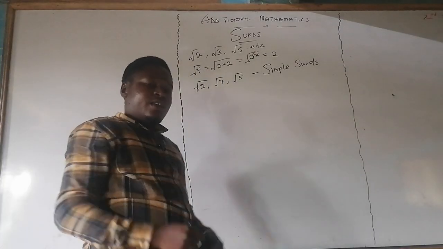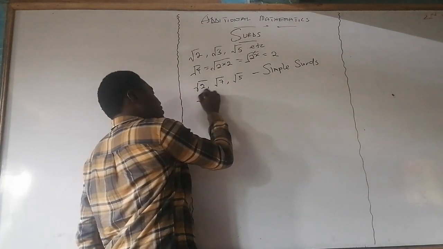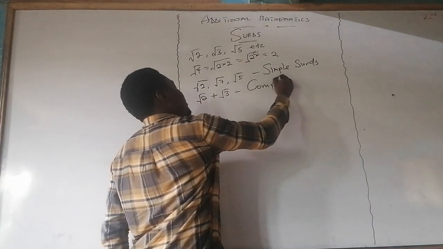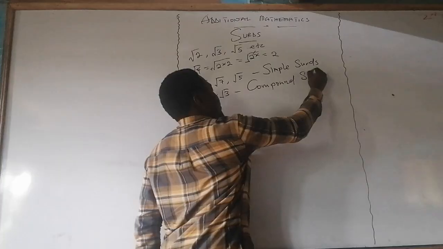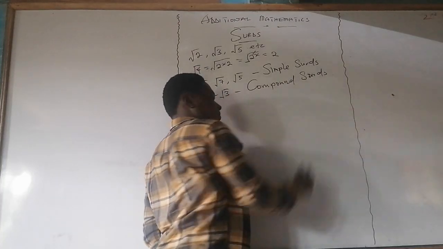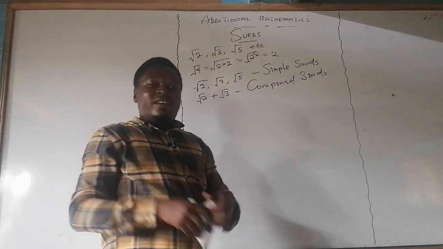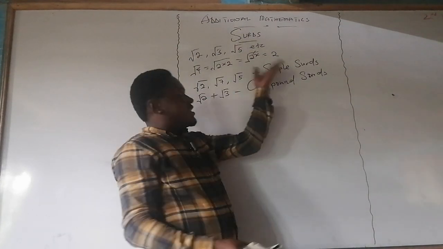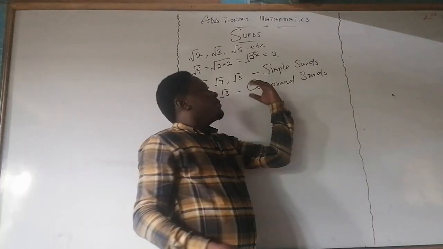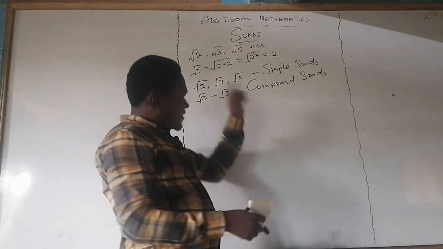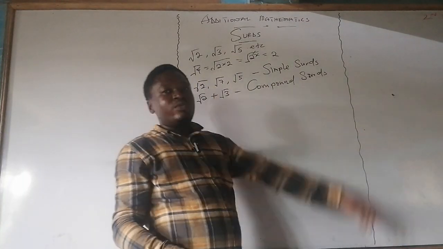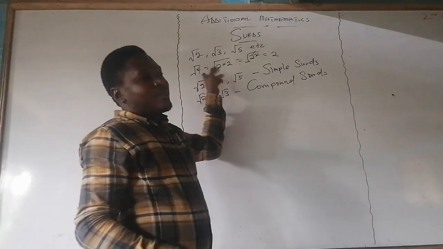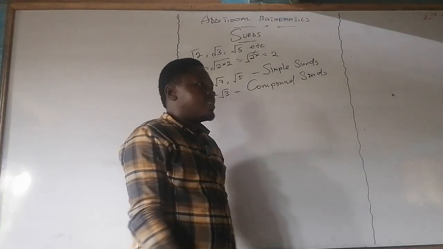However, if you have surds like the square root of 2 plus the square root of 3, they are called compound surds. So a surd is a number written inside a square root, and we have simple ones and compound ones. However, if that particular surd can be simplified into a natural number or any other number, then that particular square root is not a surd.